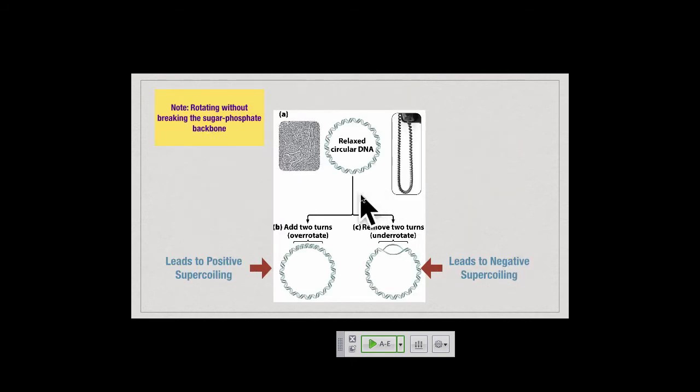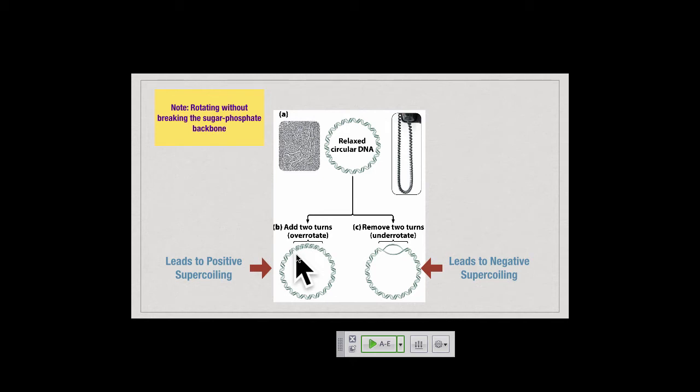So here's the relaxed circle. This is the 10 base pairs per turn. Now, I kind of think of this like let's say it was a coiled spring. If you wind it up, if you have actually more than 10 base pairs per turn, you've added turns to it, and it's over-rotated. And that's going to give you supercoil. So either way, anything that deviates from that relaxed circle is going to cause supercoiling.